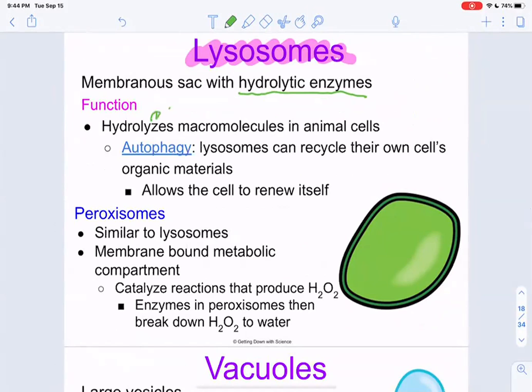Hydrolyze means to break down from polymer to monomer. It's breaking down macromolecules in cells. One example is autophagy. This is when it's taking its own, for example, mitochondria, breaking up the mitochondria into its lipids and proteins and carbs, and then recycling its own body parts so that it can use them for new things, for example, making a new mitochondria or making new proteins.